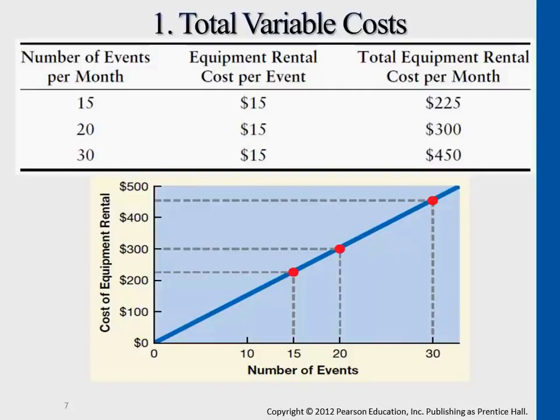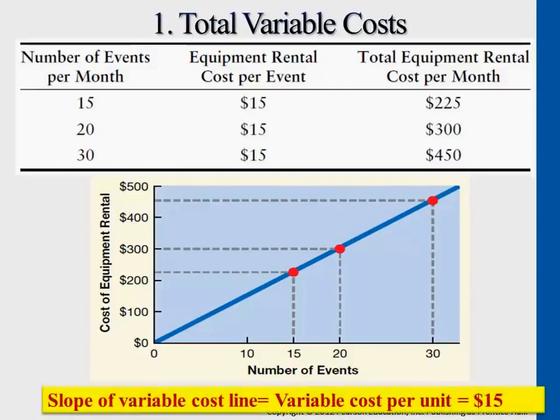Okay, so how you calculate the slope of the graph, if you don't see the table and you want to understand the increase rate: you just pick any 2 points, find the change in the x-axis, and use it to divide the change in the y-axis, the total cost. You can do the same thing for the other 2 dots. If we take a look at the 20 and the 30 events, the x-axis changes by 30 events minus 20 events.